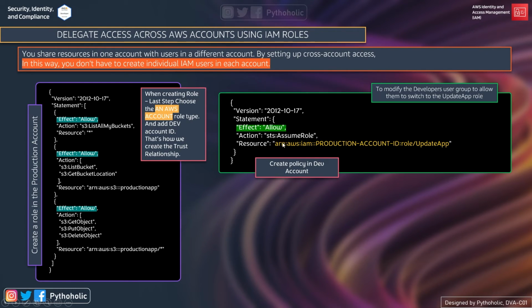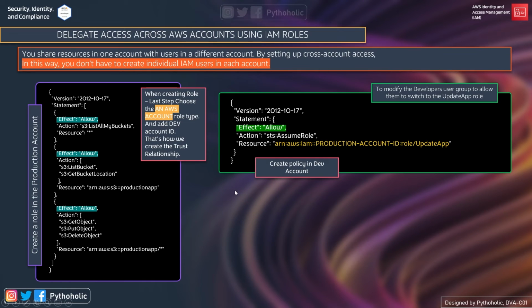The resource here will be the ARN: AWS IAM, production account ID, colon role, that is the resource type. And what is the role ID? That is update app. So this is the update app role, and that is what we are going to assume. And remember, the role is created in the production account, and this policy is created in the dev account.